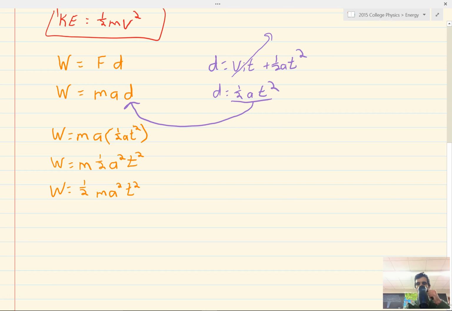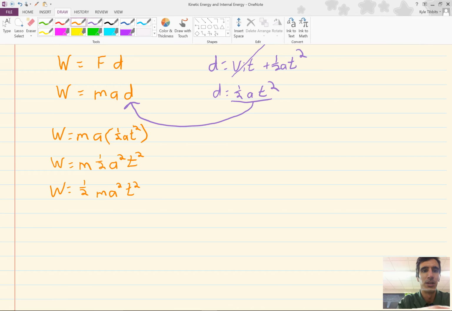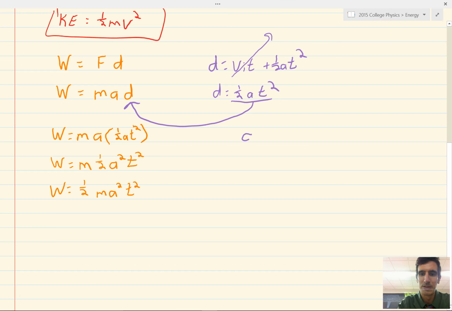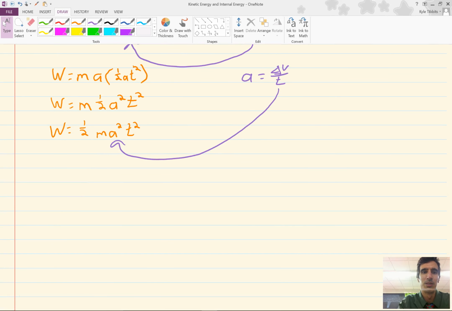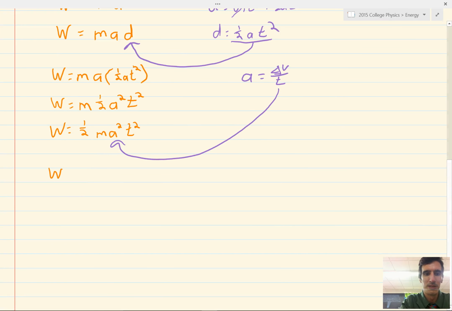Everybody following along so far? Let's look at our original formula of acceleration. Acceleration is change in velocity over time. So wherever we see an a, we'll plug in change in velocity over time. So now we've got W equals 1/2 m, delta v over t quantity squared, times time squared.